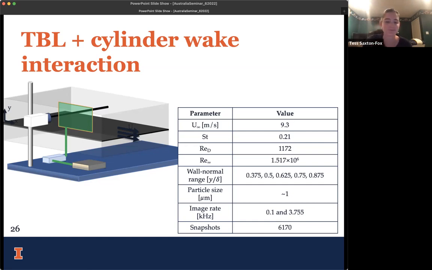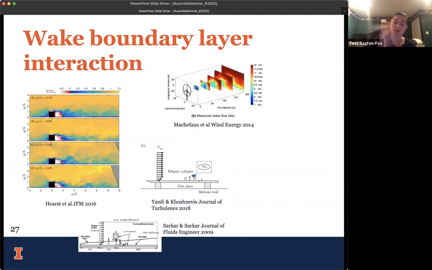There has been a lot of other work. There's lots of work studying the interaction of boundary layers and wakes that is really fascinating. Work looking at the impact of different turbulence intensities on wakes. Lots of work looking at the wakes of wind turbines interacting with boundary layers, of course.